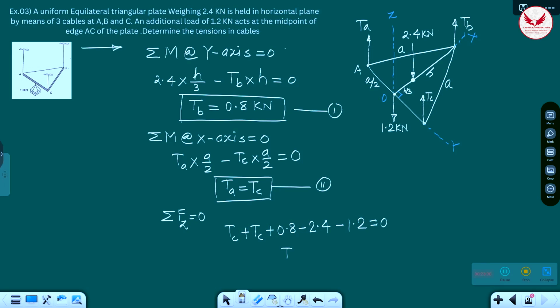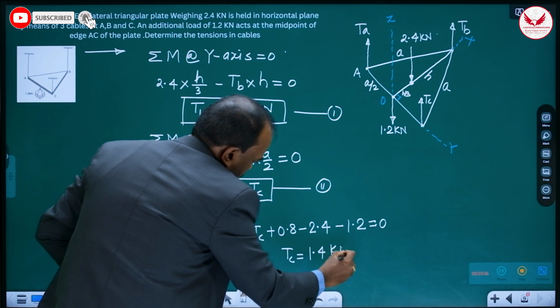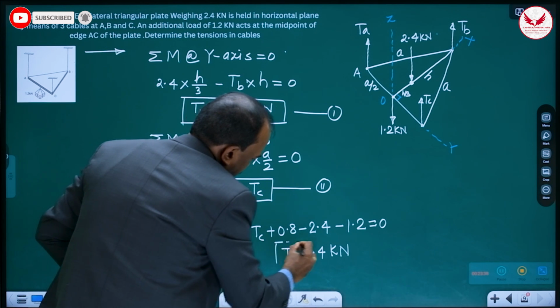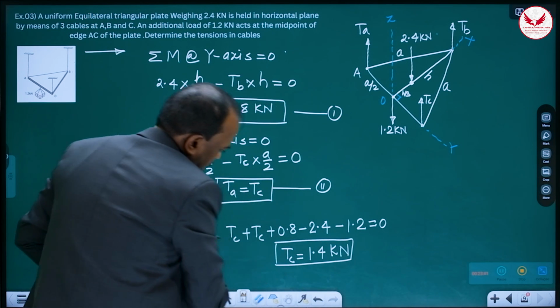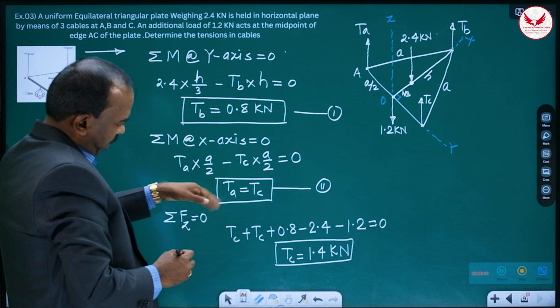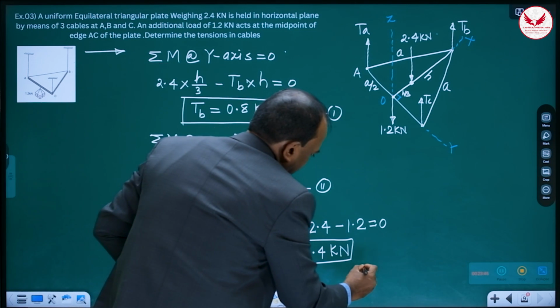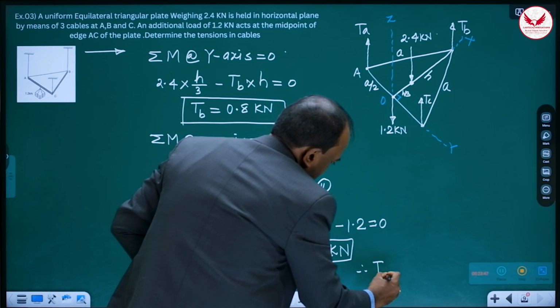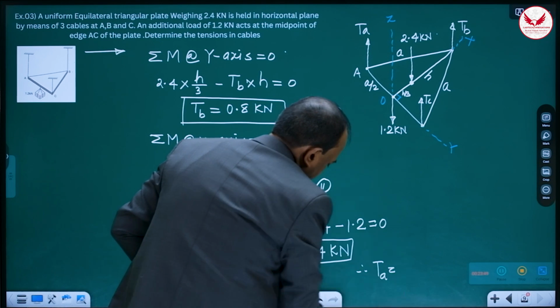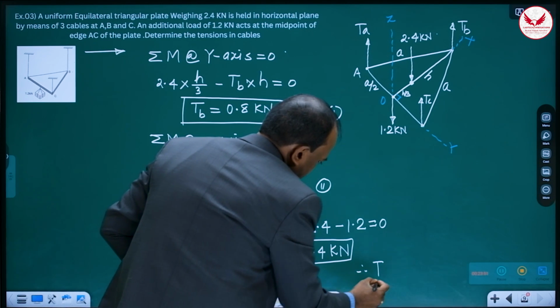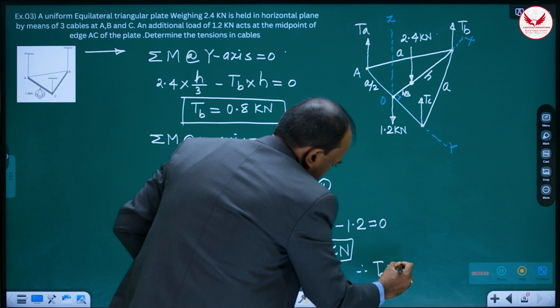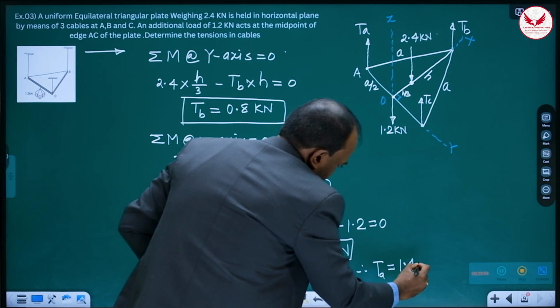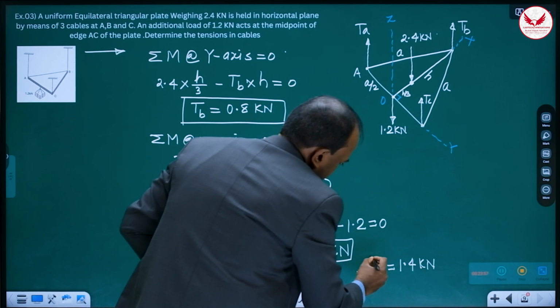Hence, we'll get TC is equal to 1.4 kilonewton. And if we get TC is equal to 1.4, from equation 2, hence TA also 1.4 kilonewton.